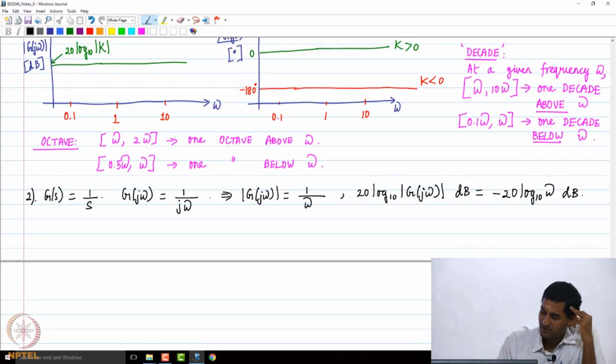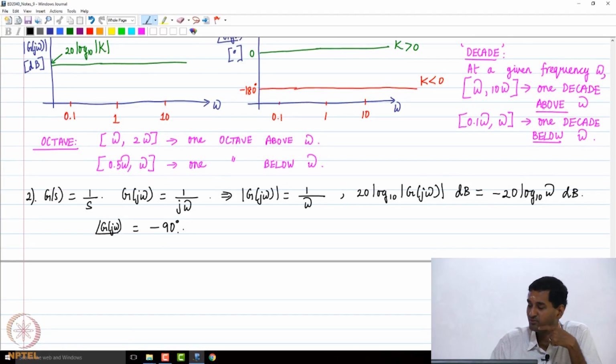What about the phase? Phase is once again going to be the algebraic sum of the numerator and the denominator factors. Numerator is 1, the phase is 0 degrees; denominator is j omega, the phase is going to be 90 degrees. So the phase of 1 by j omega is going to be minus 90 degrees. Do you agree?